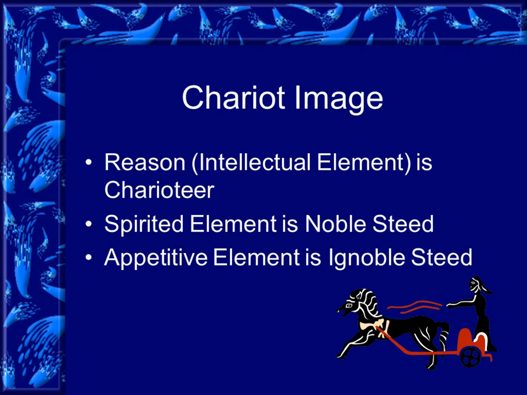And another way that Plato, and you saw this in the video, talks about the parts of the soul is in a chariot illustration where there are two horses, one a very obedient horse, the other that's not very obedient at all, and it's the job of the charioteer and the other obedient horse to try to keep the unruly steed at bay.